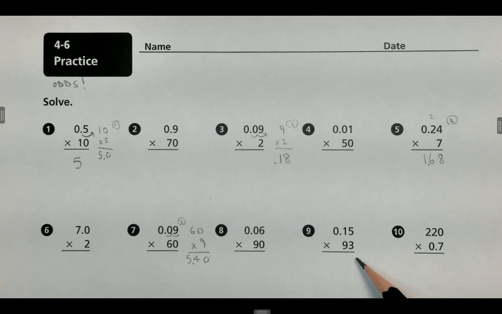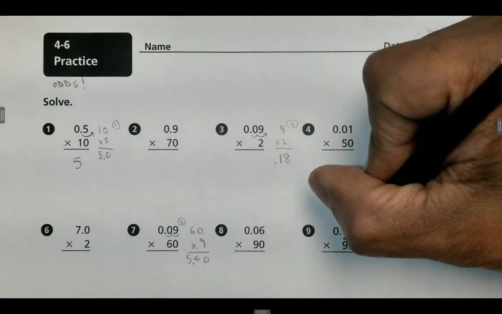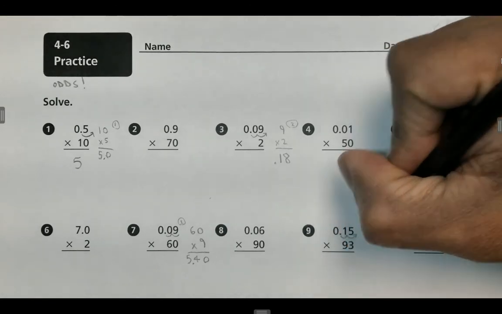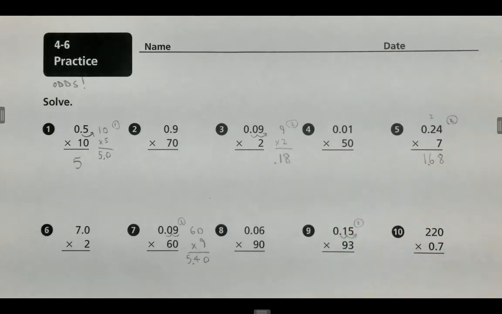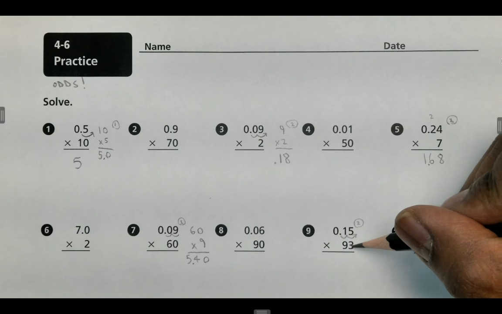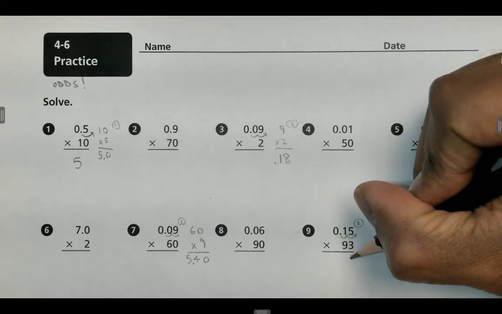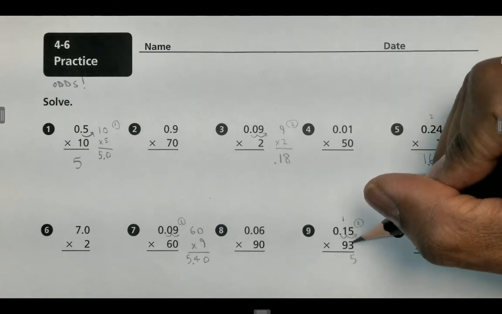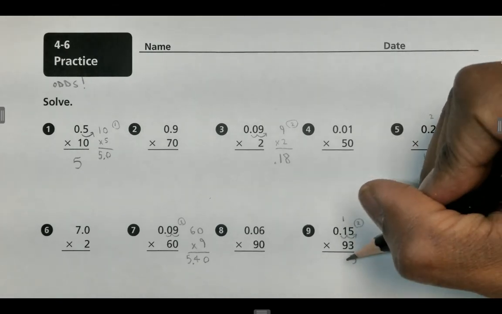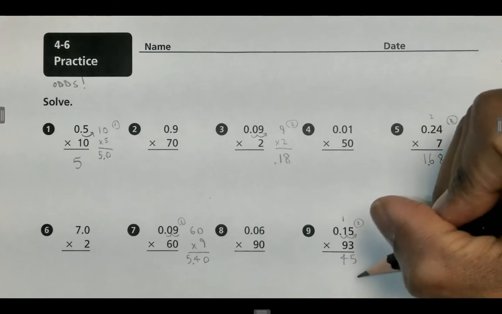Number 9. 2 pushes. Whoop, whoop. The new problem is 15 times 93. 3 times 5 is 15. 5 comes down, 1 gets carried. 3 times 1 is 3, plus the 1 is 4. 0 placeholder.